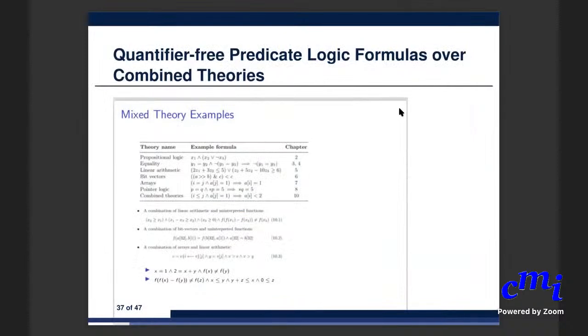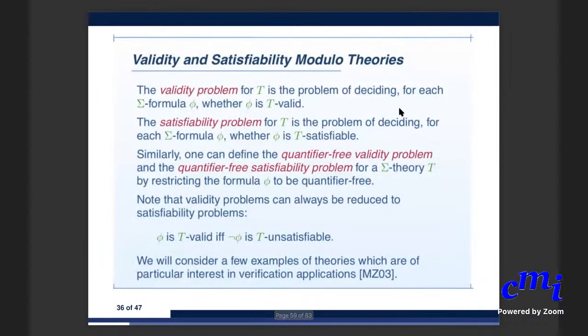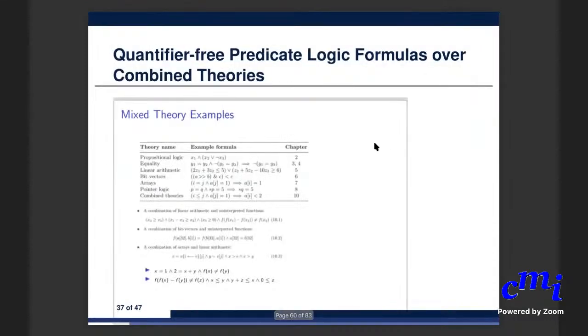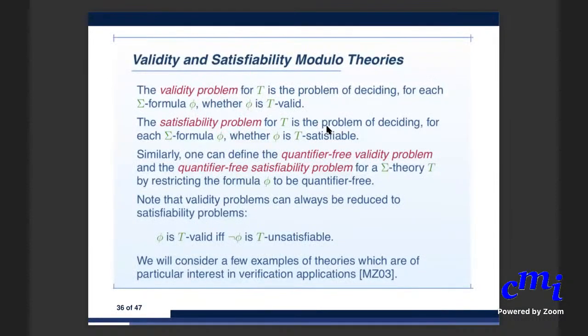So I show you an example here, and this is what SMT solvers do, which are the engines behind tools like CBMC and so on. Although the validity and SMT problem, the way we have presented it, is for predicate logic with quantifiers, usually when you throw in quantifiers, it becomes undecidable.